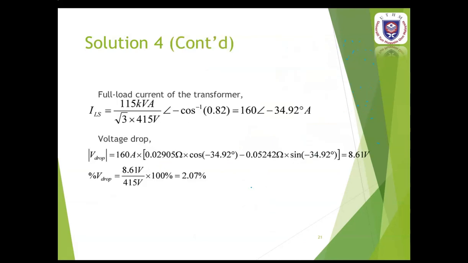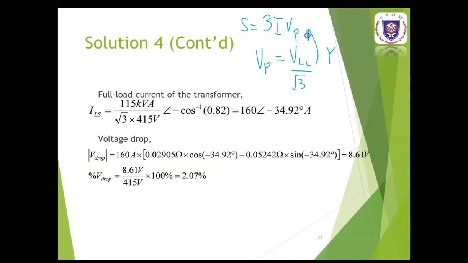And then you calculate the full load current of the transformer. For this you use the equation S equivalent to 3 I V phase. As we know, V phase is V line to line over root 3 for the star connection.